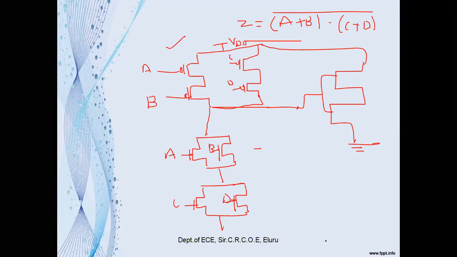The output of the function is Z equal to A plus B ANDed with C plus D here, isn't it? Because you're just complementing the output. So here the output is Z, and here you are getting the output Z bar. So now what is the Z bar here? It is a complement of the Z. So that is A plus B and C plus D.